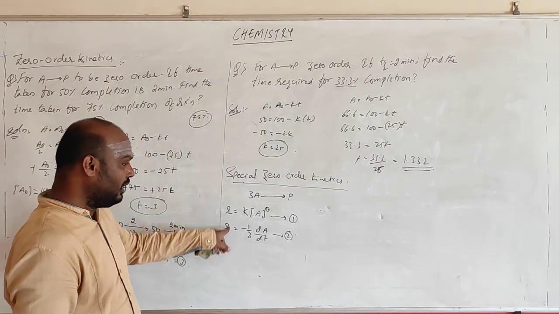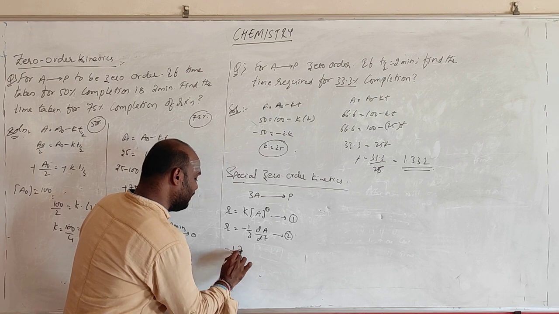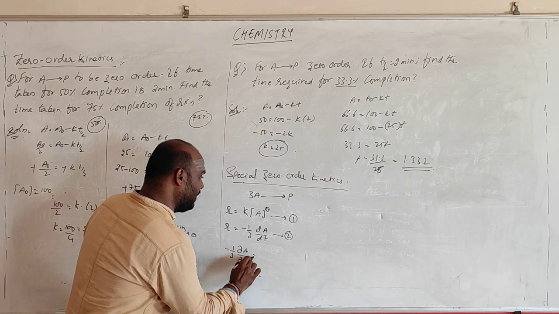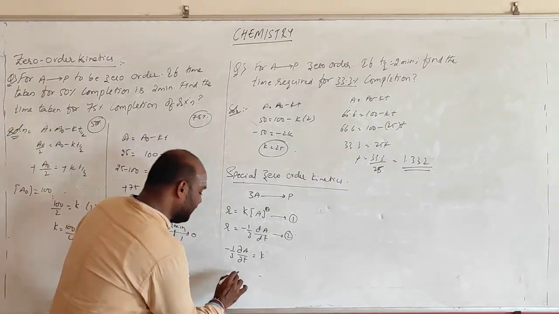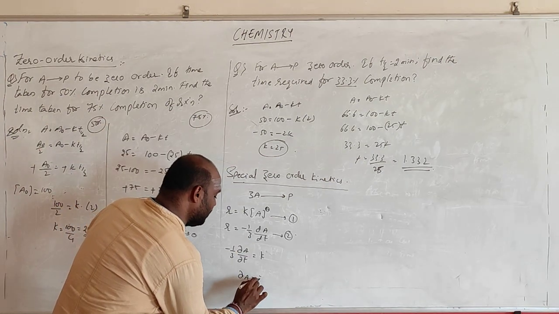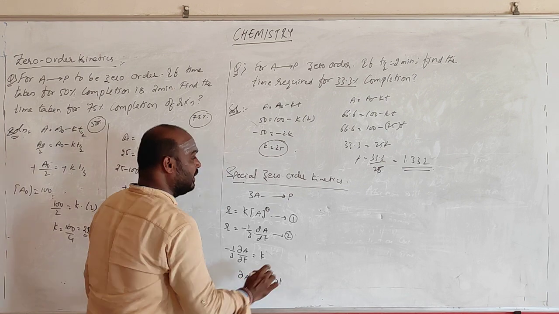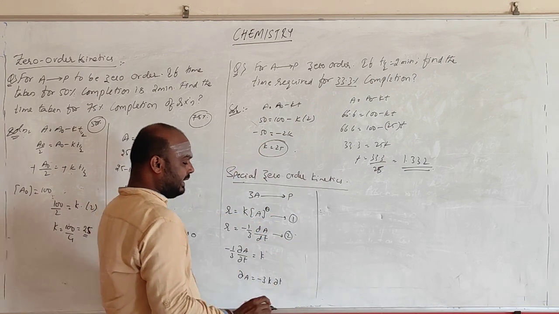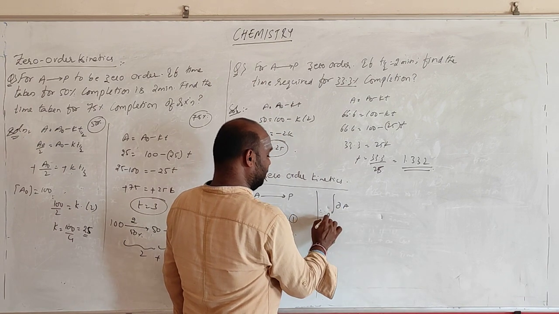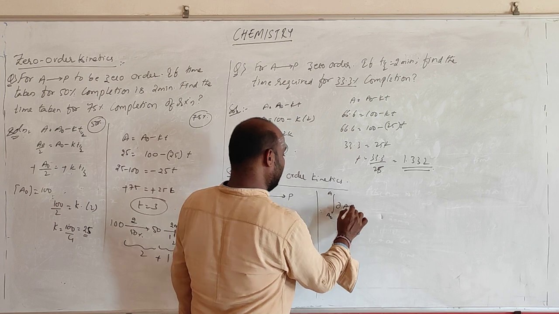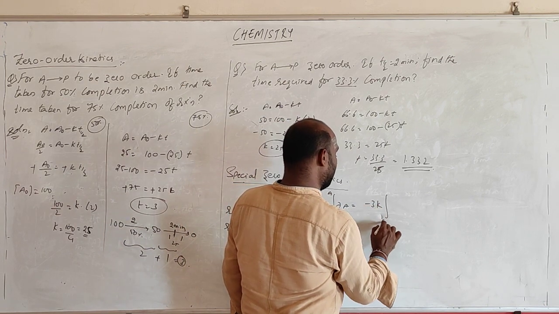Getting me? These two equations should be equated. So what happens now? Minus 1 by 3 dA by dt should be equal to K, only K. If we rearrange, dA is equal to minus 3K dt. If we integrate both sides, integration of dA from A naught to A is equal to minus 3K integration of dt from 0 to t.